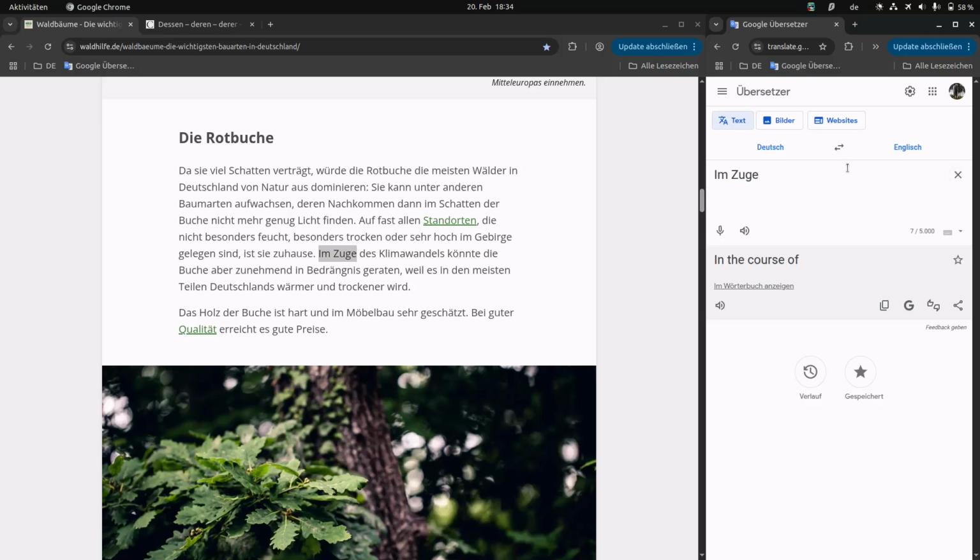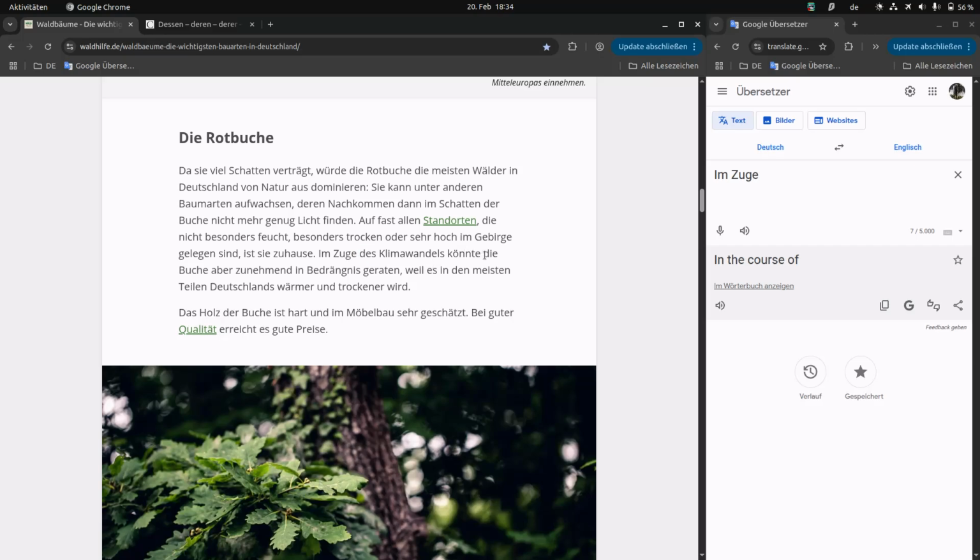Like whilst during something happening, or like in the kind of opportunity of doing something, des Klimawandels, of the climate change. Klima means climate, Wandel means change, and this is the des, so it's genitive case.